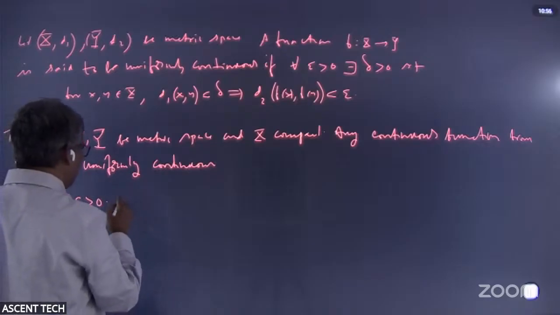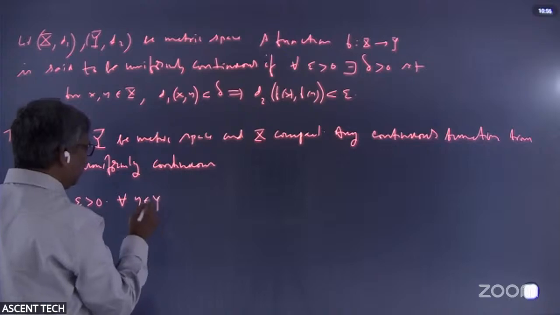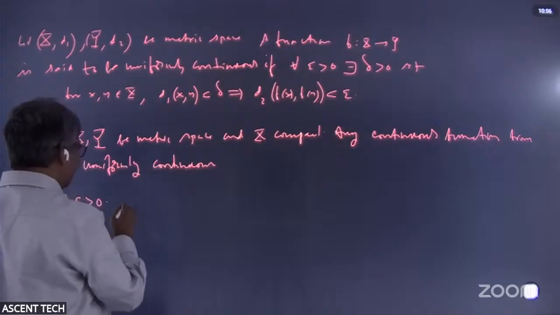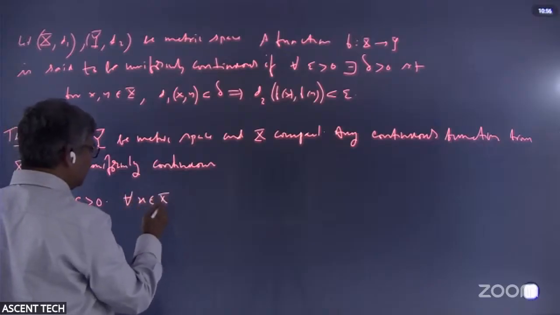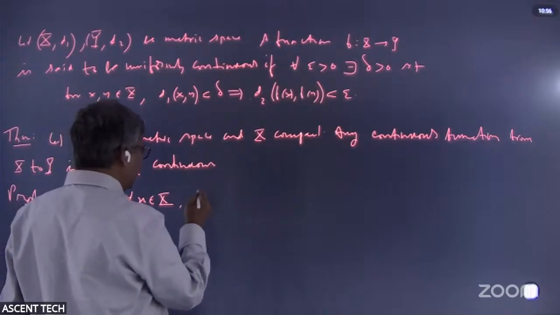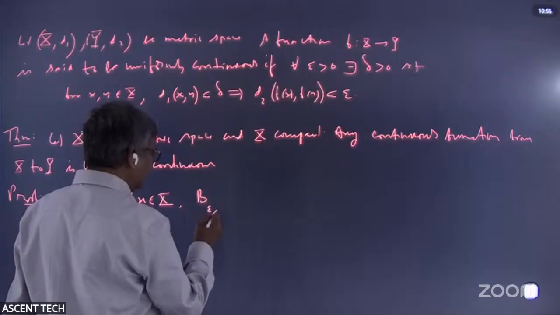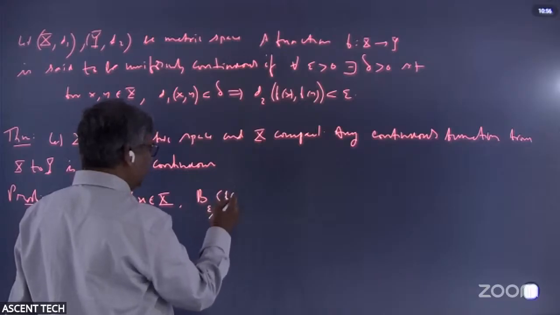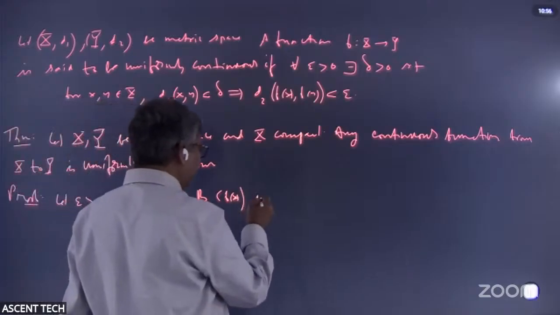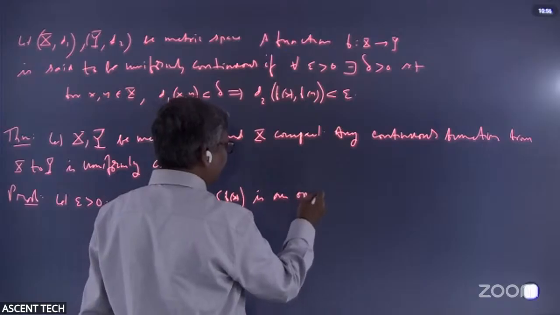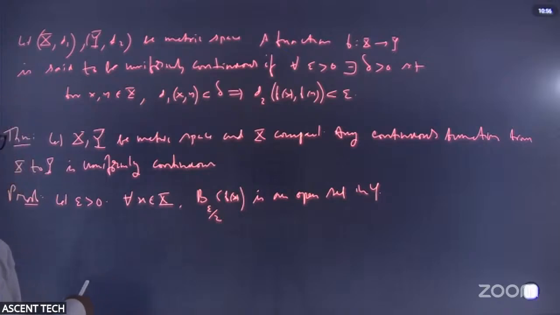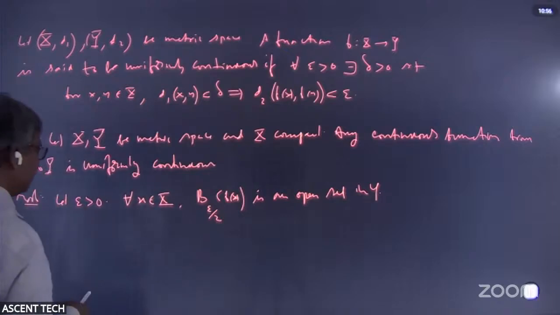For each x in X, where is f(x)? f(x) is in Y. So the ball of radius epsilon by 2 centered at f(x) is an open set in Y. Because f is continuous, its inverse image is also open.